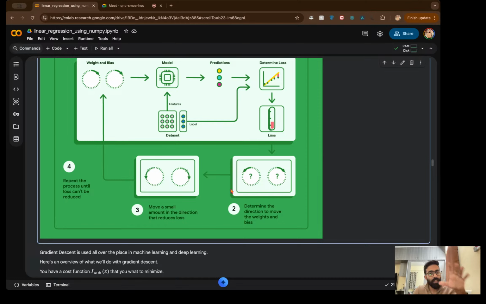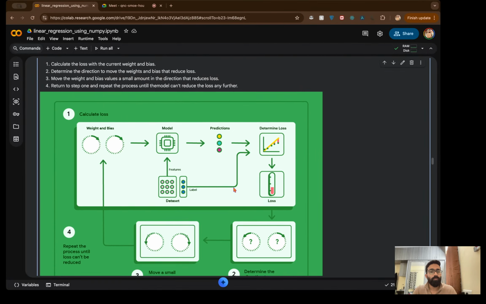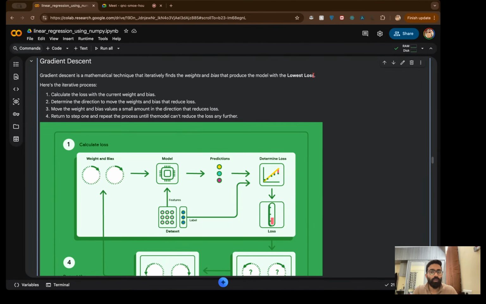How it determines the direction, we will also study today, but it will determine the direction. And which direction is it moving towards? Towards the lowest loss. The goal of this algorithm is to get the lowest loss.